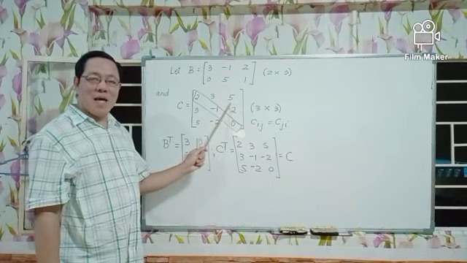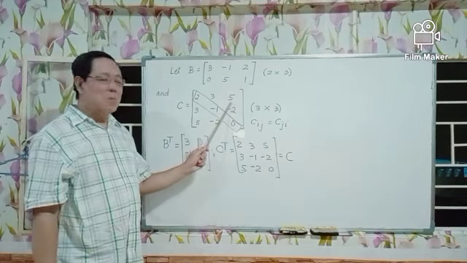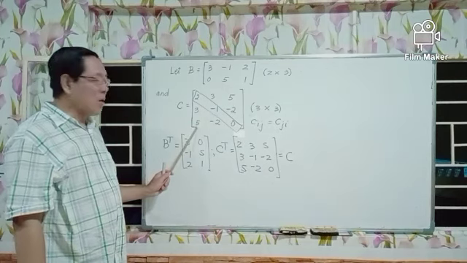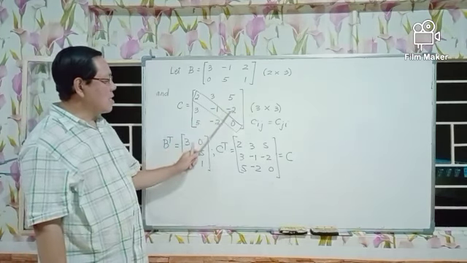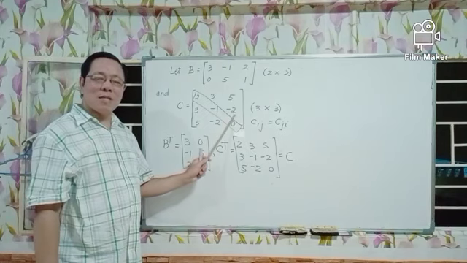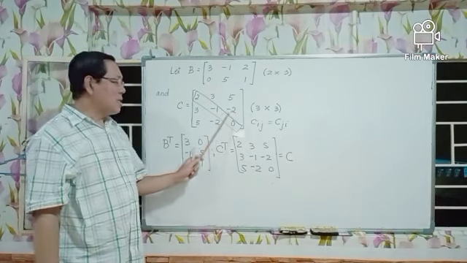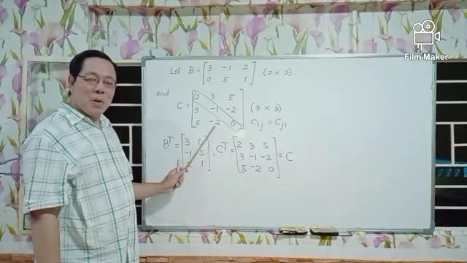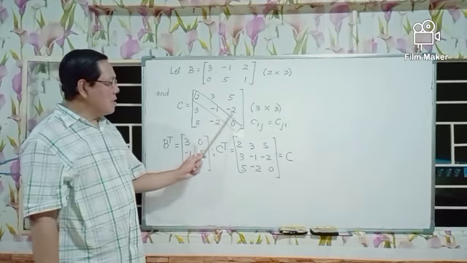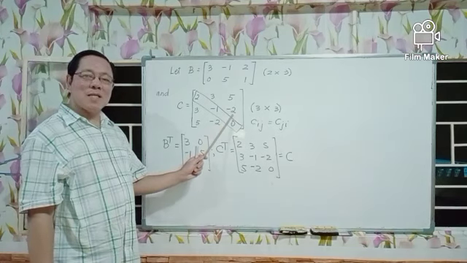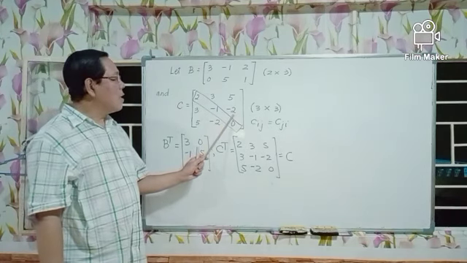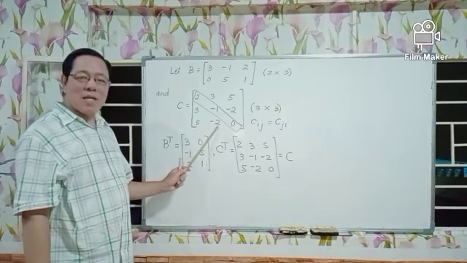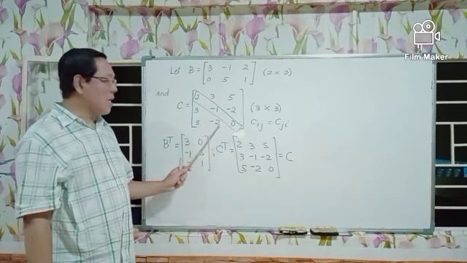This 5 is the entry in the first row and third column, and it is equal to the entry in the third row and first column. And this negative 2, the entry in the second row and third column, is equal to the entry in the third row and second column.